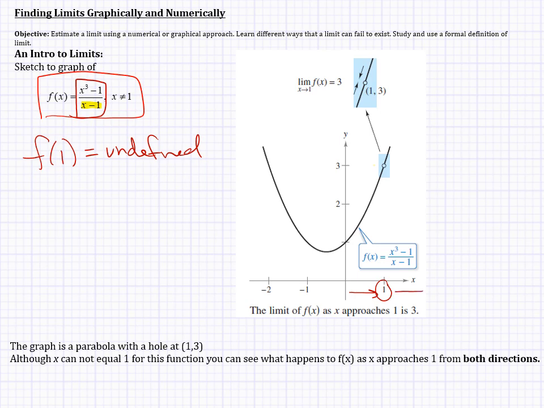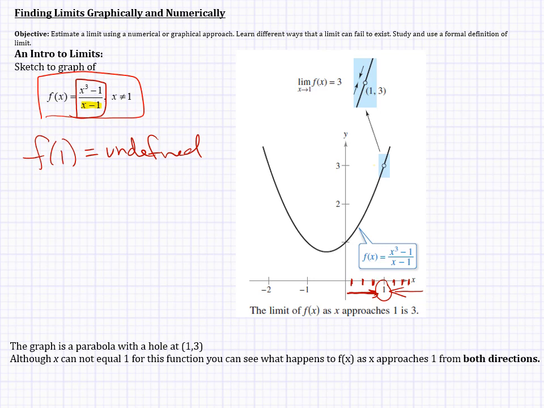Well, there are two ways I can get close to an x value of 1. I can approach 1 from values smaller than it, so I can use this x value and this x value and this x value. Or I can approach 1 from values bigger than it, which would be this x value, this one, etc. And I can ask, what is happening with the y values as I do that?